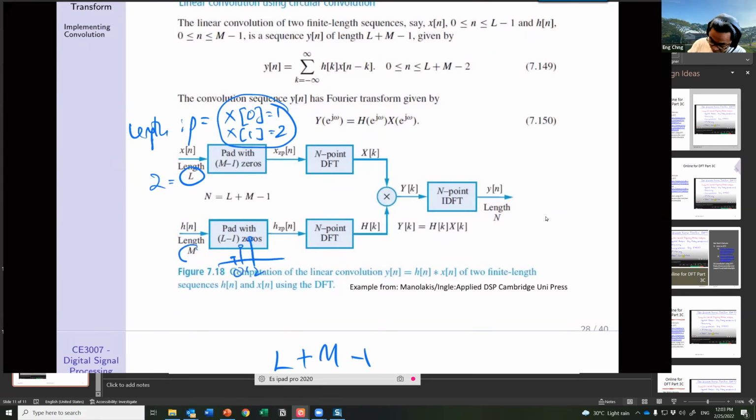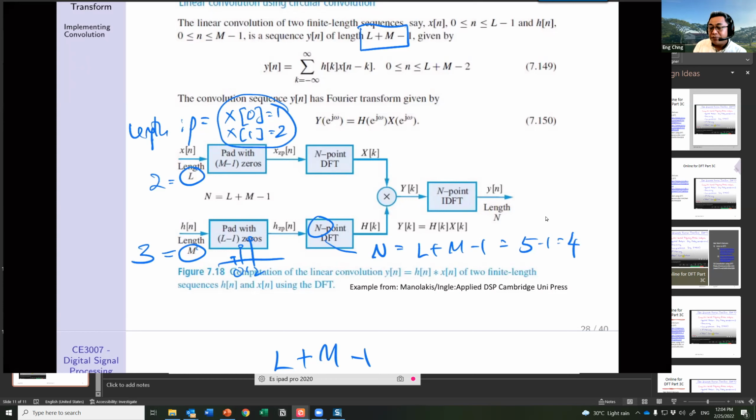My length M is equal to 3. Agree? For my previous example. So I need capital N to be L plus M minus 1. So I need 5 minus 1. I need capital N equals 4. Can you see now?